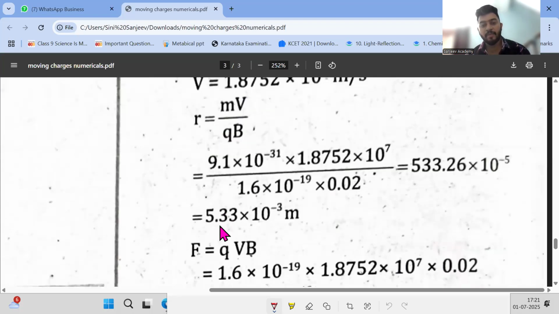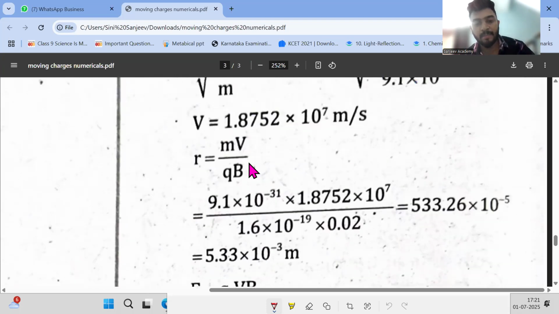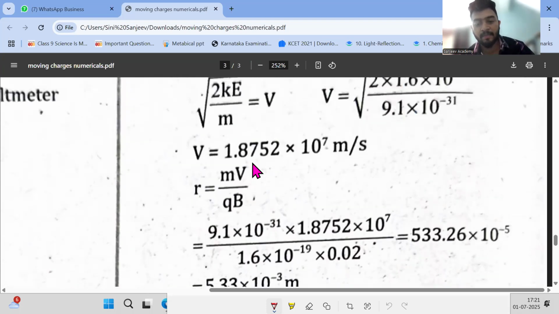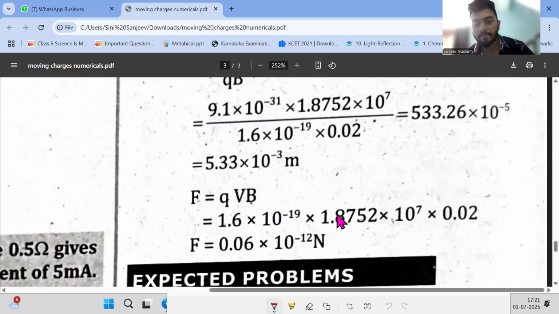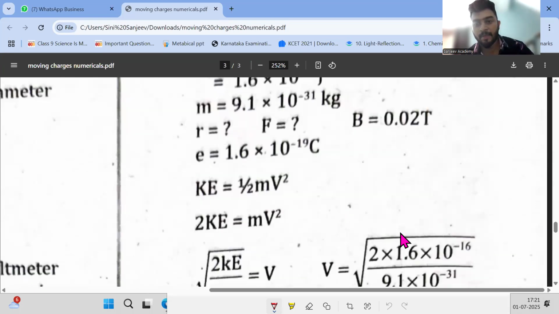Then F is equal to BQV, or QVB, whatever it is. Q is the charge of an electron, 1.6 into 10 power minus 19. B is already given in the question, that is in Tesla. B is the magnetic field, the unit is Tesla. So once you see the question, you'll be able to get it down.